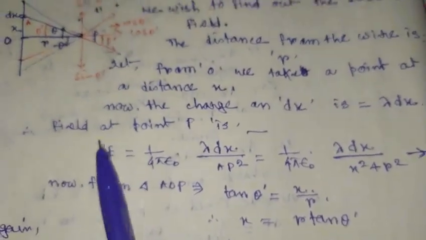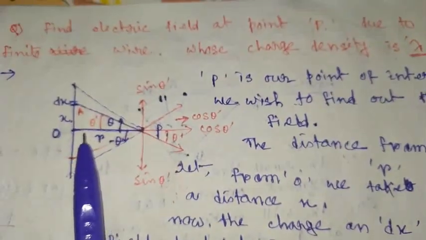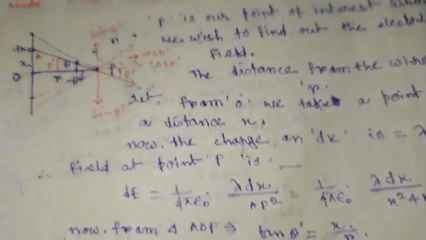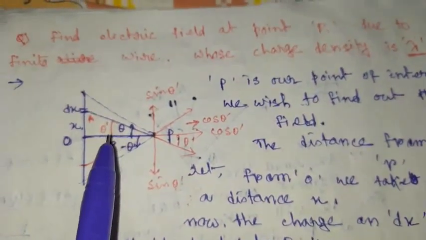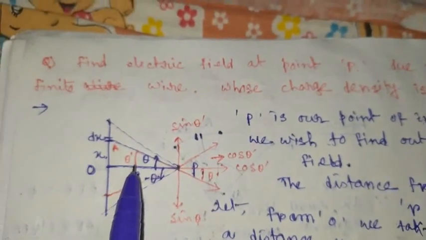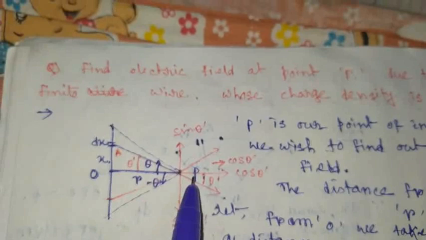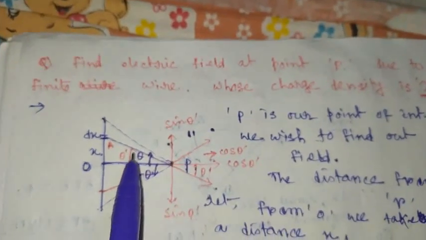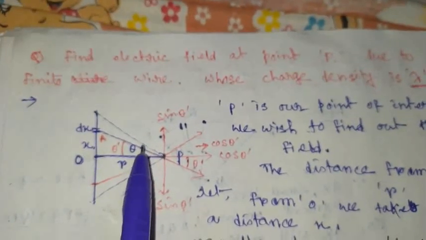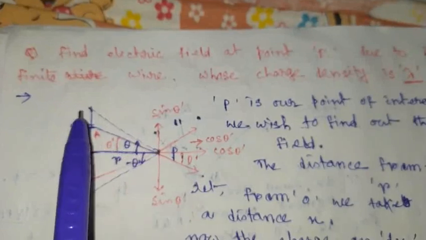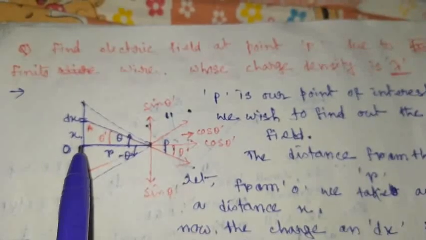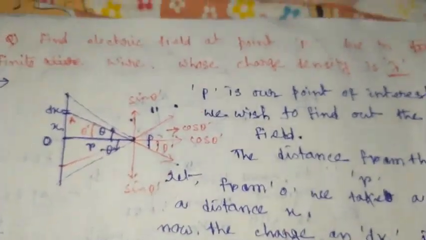Now from the triangle AOP, tan theta prime is x by r, where theta prime is the angle we have shown here, the angle between the OP distance and the AP distance, that is theta prime. And theta is the angle due to the upper portion of the wire and the OP distance.